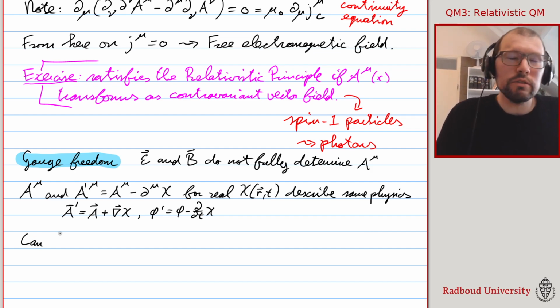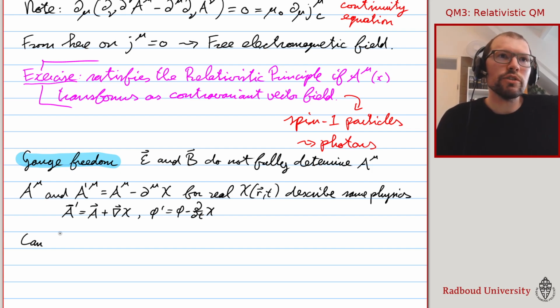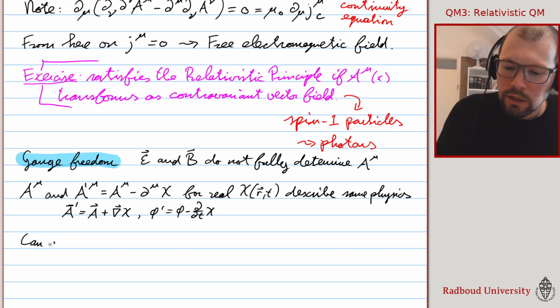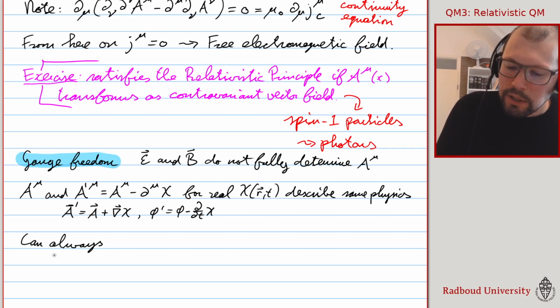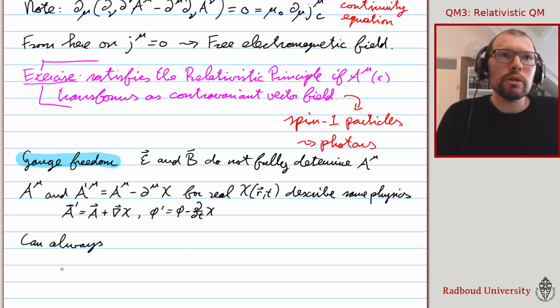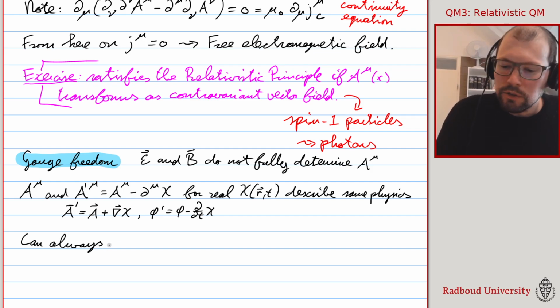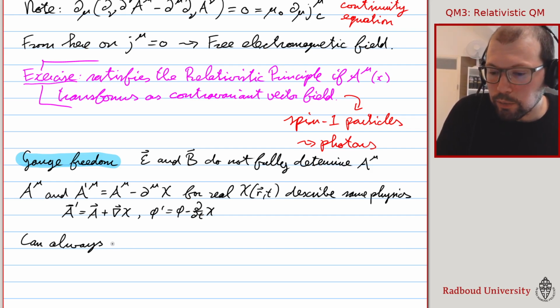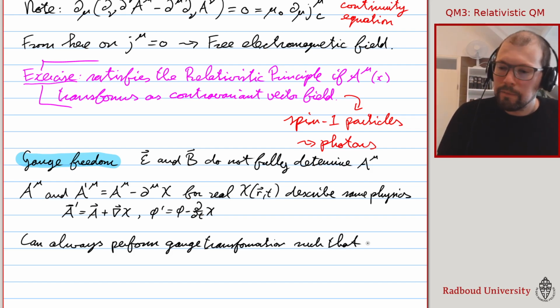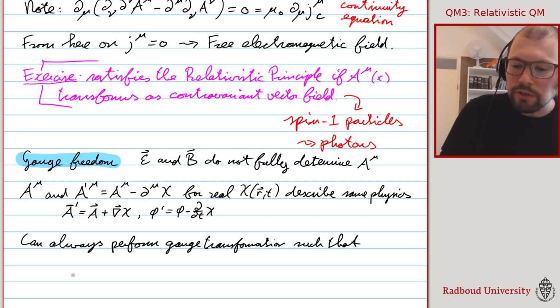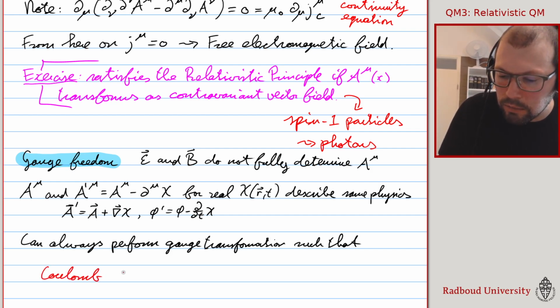The typical way to deal with this is by imposing a certain gauge condition, and we'll choose a particular one. So let's just say that we can always perform such a gauge transformation, as it's called, such that our vector potential satisfies the Coulomb condition.